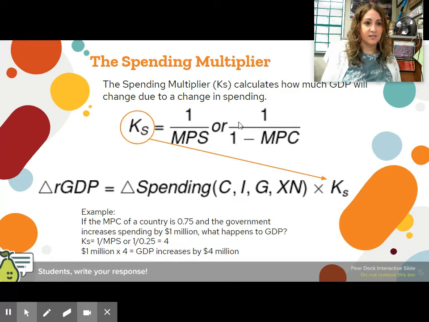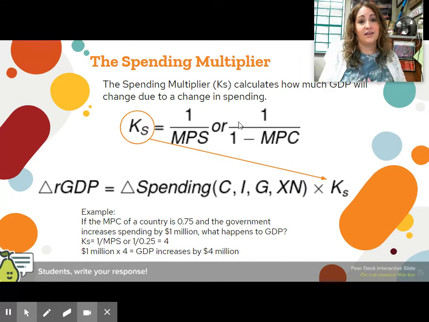Either KS is 1 over MPS, meaning the marginal propensity to save, or 1 over 1 minus MPC. Either of these will work because 1 minus MPC is MPS.